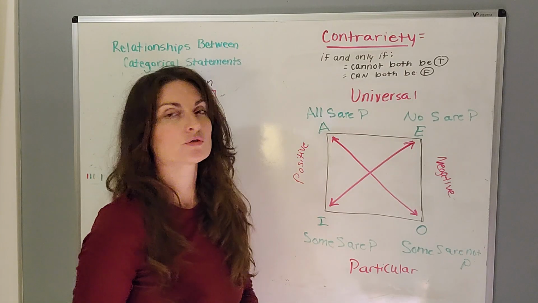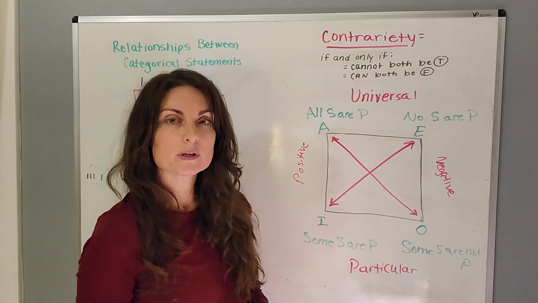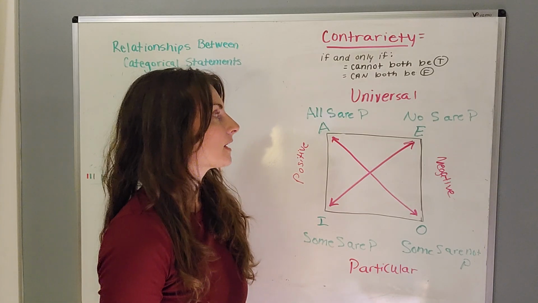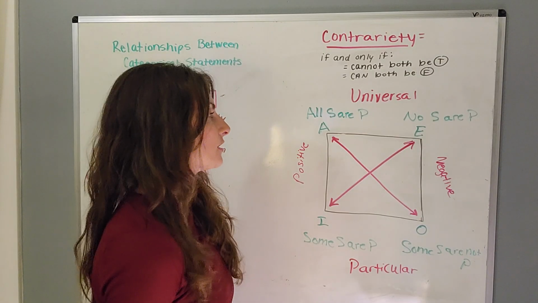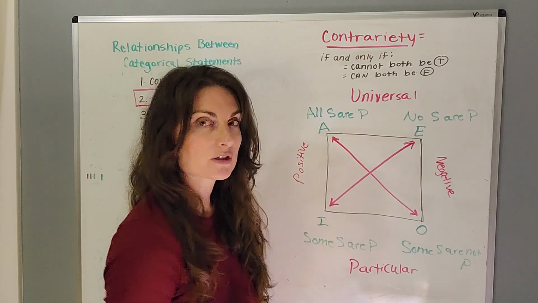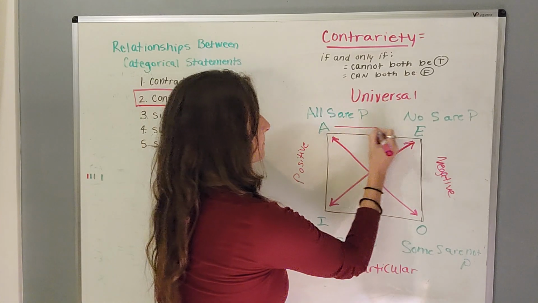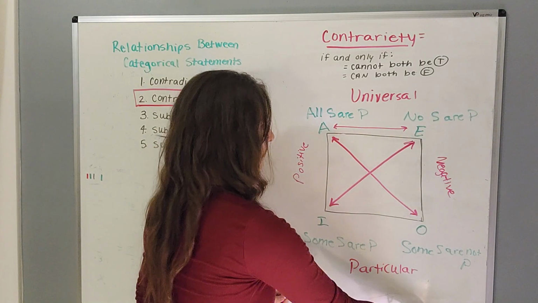So now we have filled in everything we know about the square of opposition thus far, and today we are talking about contrariety. Now contrariety, they cannot both be true. However, they can both be false. The statements that share a contrariety relationship are the universals. So this up here is our contrariety.